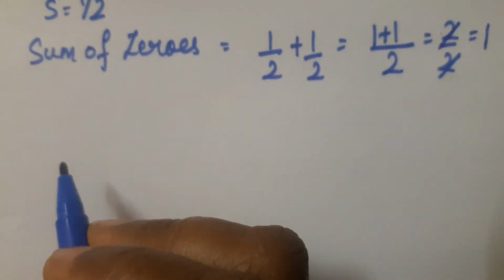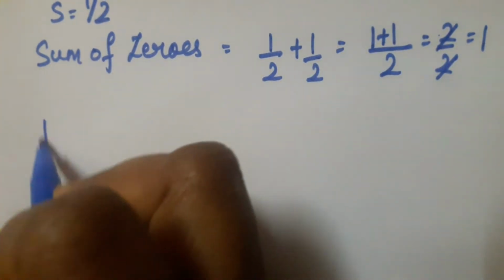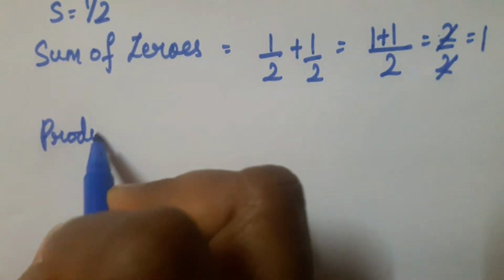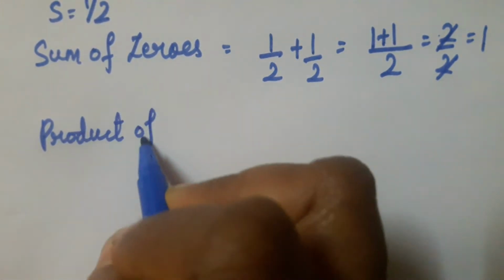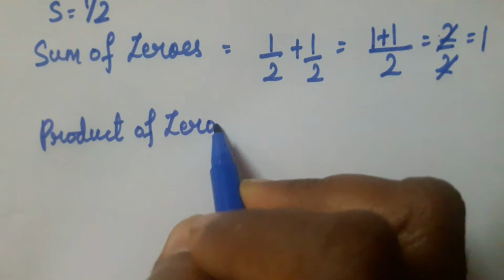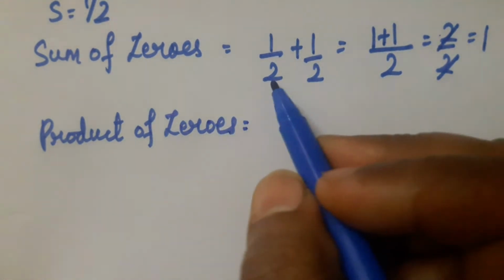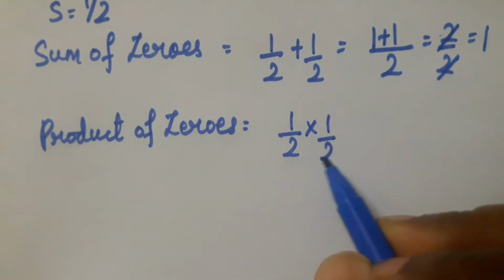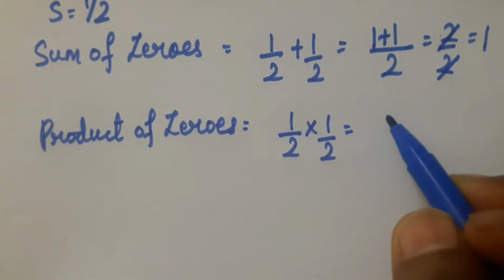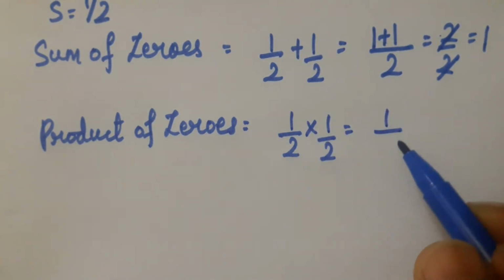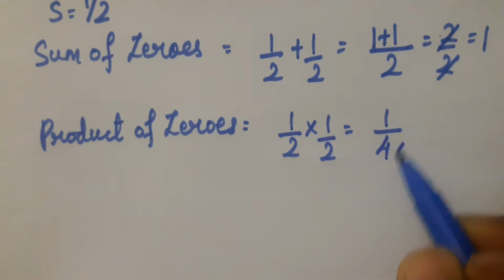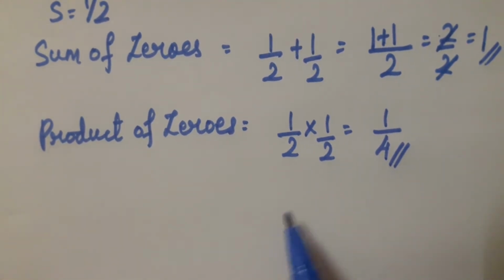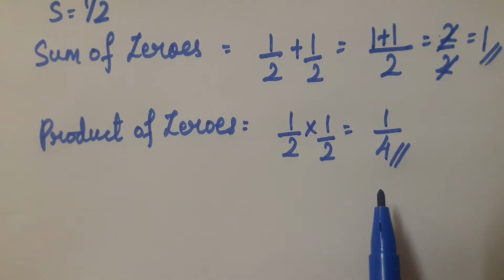Now we'll see the product of zeros. What is the product of zeros? We are multiplying these two, so half into half, that is equal to, multiply the numerators you get 1, multiply the denominators you get 4. Okay, so the sum of zeros is 1 and the product of zeros is 1 by 4.